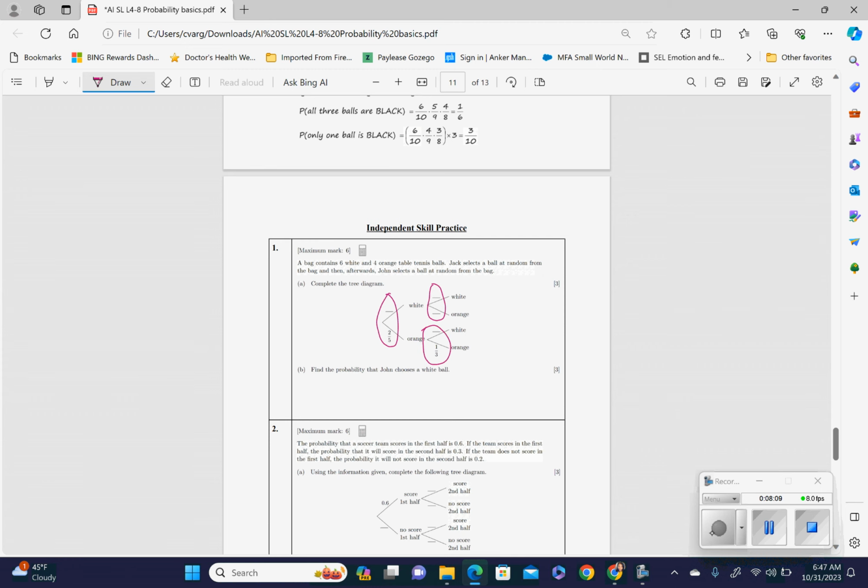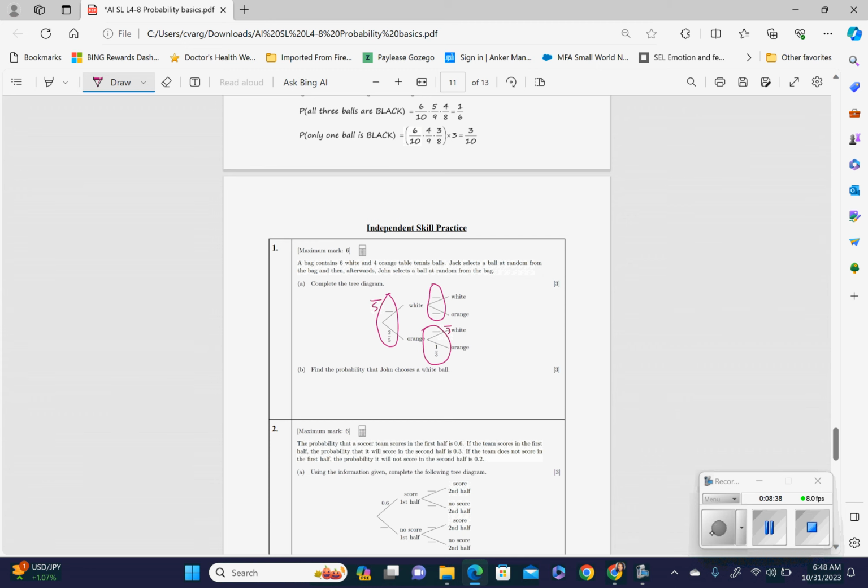So this is kind of like a missing piece. So this is 2 out of 5. If 2 out of 5 are orange, then that means something out of 5 has to be white. What is that number? If they're telling you here that 1/3 is orange, and this has to add up to 1, then this is going to be something out of 3, right? What number goes here at the top? And then this one right here, you're going to get from the scenario, so look back at it.